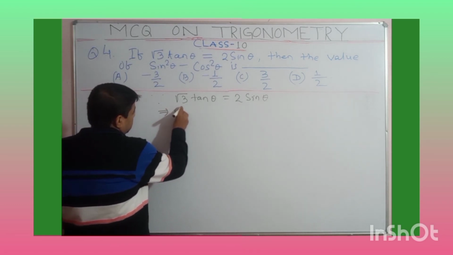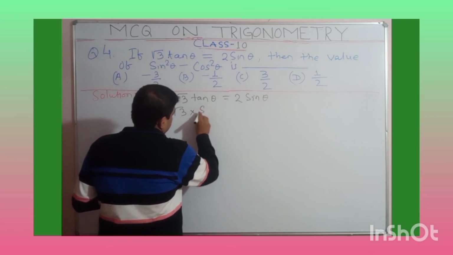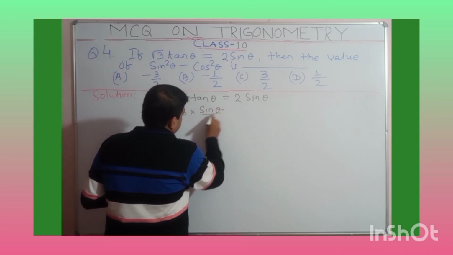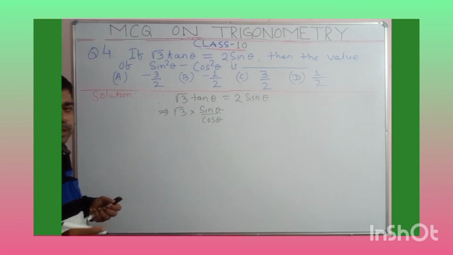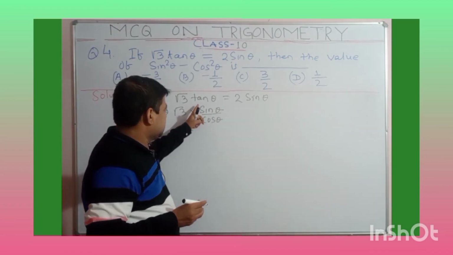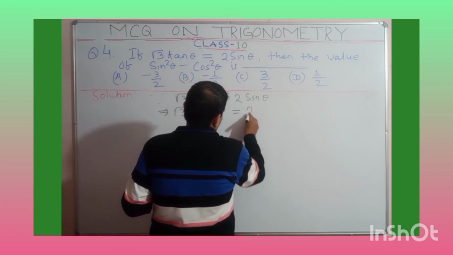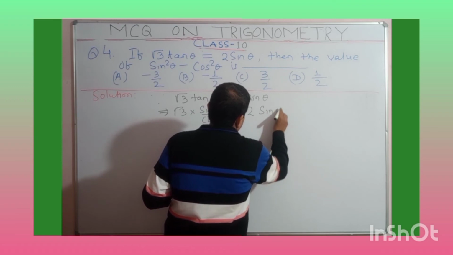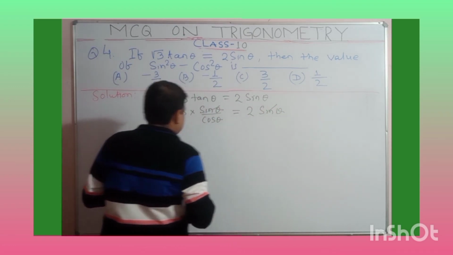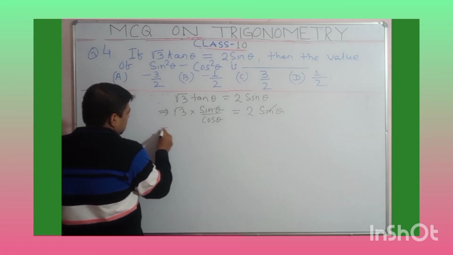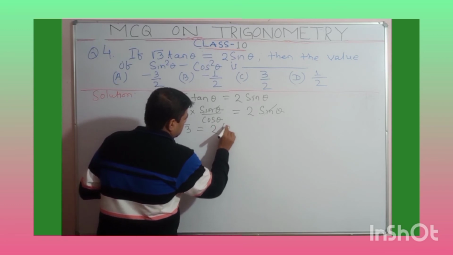You can write, dear students, tan theta as sin theta upon cos theta, because tan theta is equal to sin theta upon cos theta. In place of tan theta, you can write sin theta by cos theta, and it is equal to 2 sin theta. Now sin theta we can cancel. Yes or no? So that implies root 3 is equal to 2 cos theta.